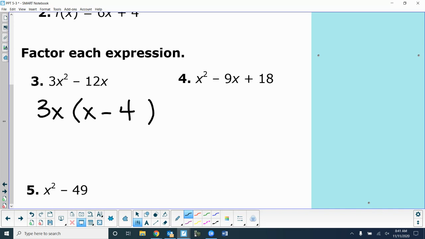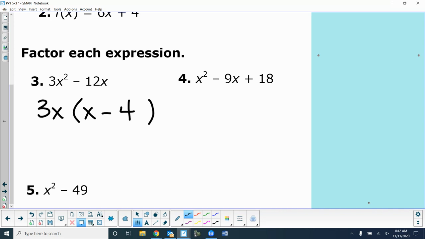It's not a difference of squares or cubes. It could be a number 4, a perfect square trinomial, but these are not both positive perfect squares. 18 is not a perfect square, right? 16 is, 25 is, but 18 is not. So it's a regular trinomial.